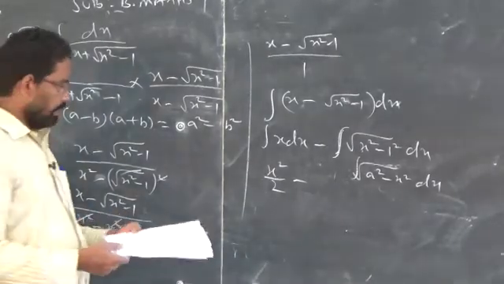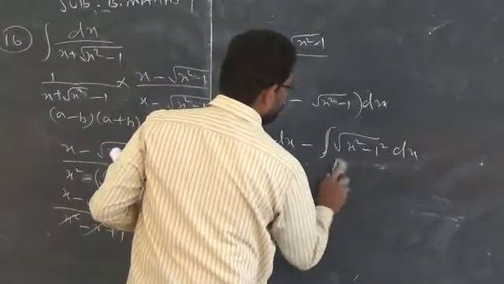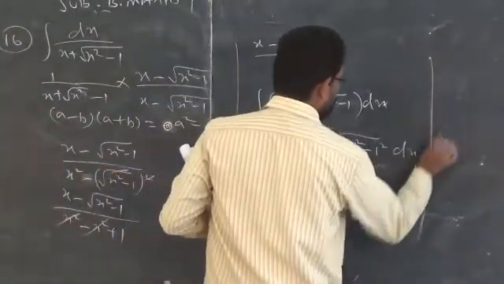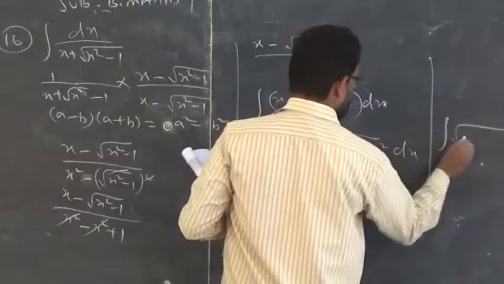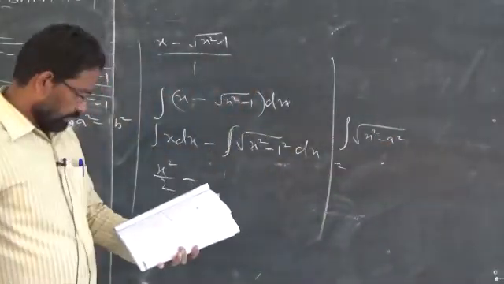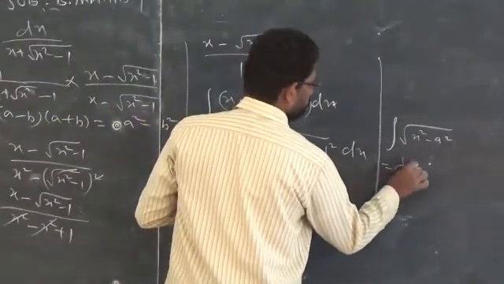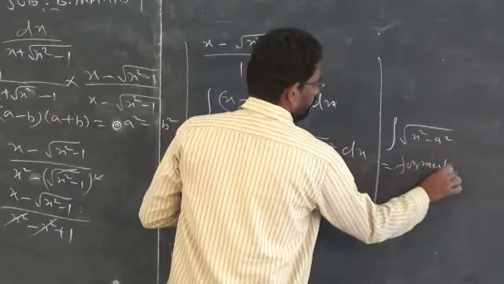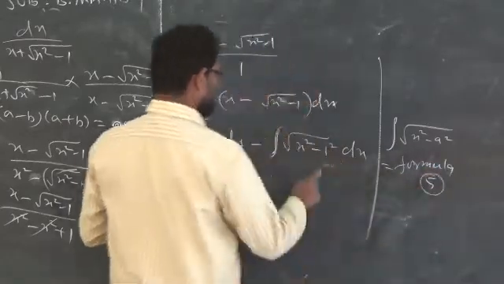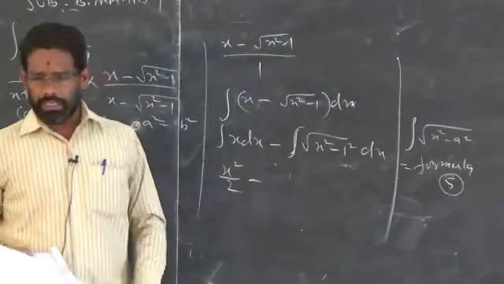Where will be the formula? This is nothing but the square root of x square minus a square formula. Where is the formula? Formula number 5. Use formula 5 in this place, you will get the answer.